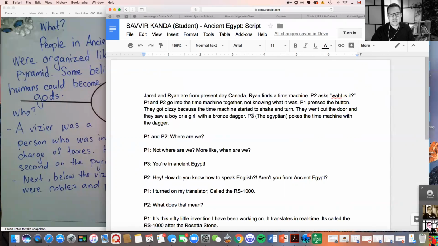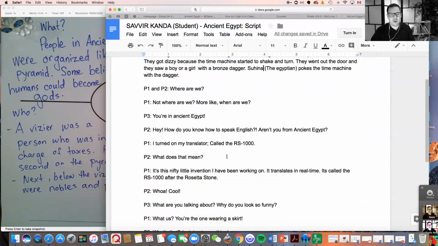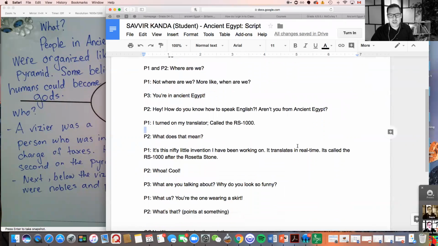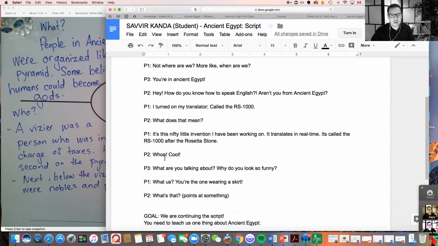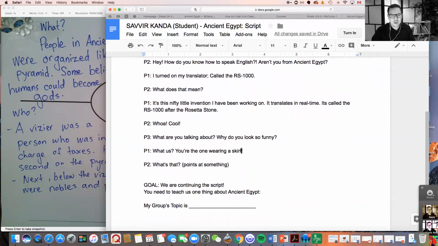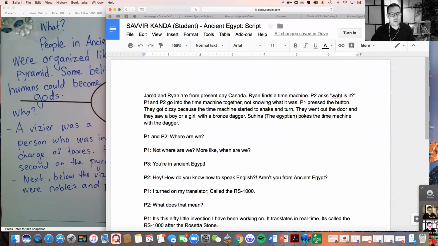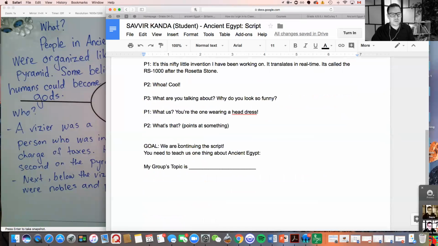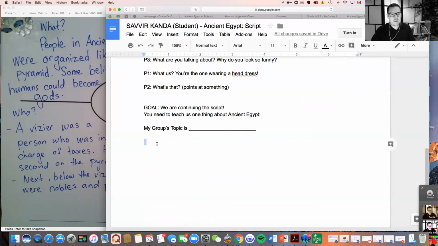And then Sahina, the ancient Egyptian, pokes the time machine with her dagger. Okay. All right. And then we can change any of these words we want in here, right? Like if you don't like skirt, you can say, oh, but you're the one wearing a headdress, right? And because ancient Egyptians wore headdresses, you can change that, all right? That's fine. So this is your time to change the script, change all the P1 and P2s to people's names, okay? And then you can start typing.